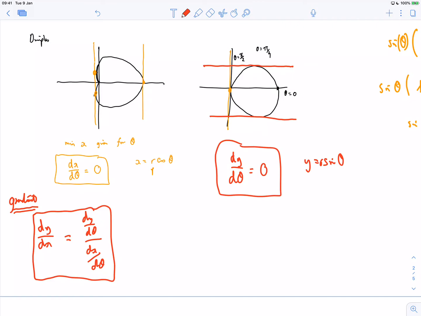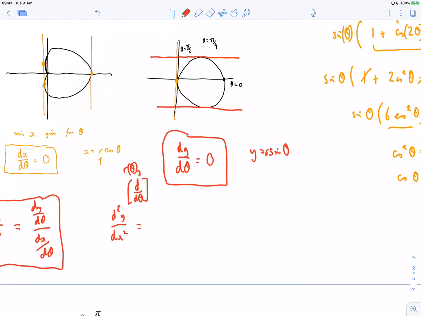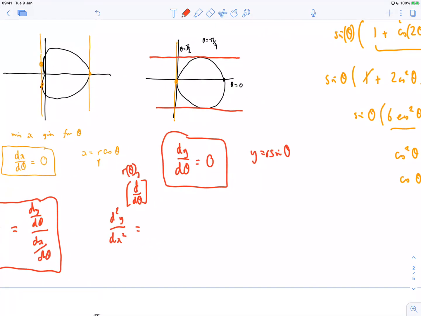To find the second derivative, I remember doing this. If I want to find the second derivative of y with respect to x, remember you can only differentiate with respect to theta, because r is a function of theta, and you're living in an environment that only deals with functions of theta. So let's think what we need to do here.